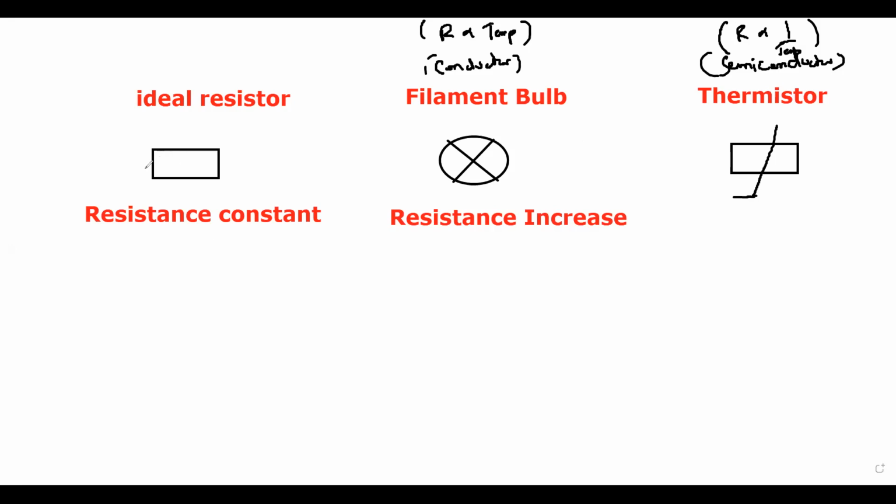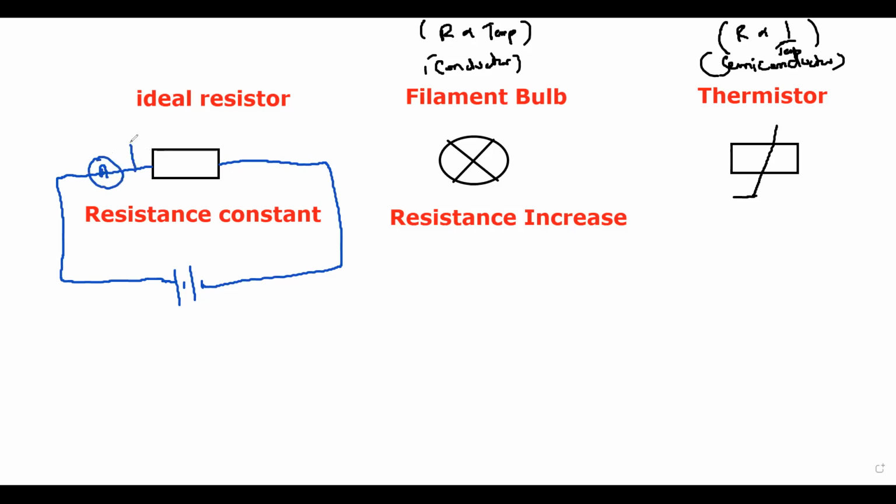Now, what we did, we connect all of them by a supply. We have a supply here. We connect an ammeter to measure the current, and we connect a voltmeter to measure the voltage. Same thing happened for a filament.